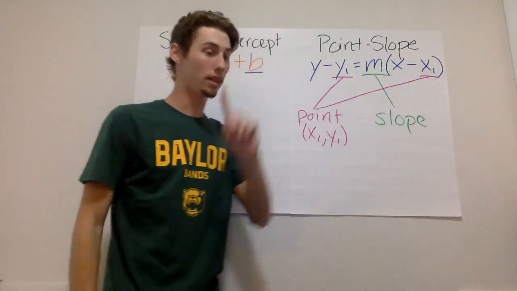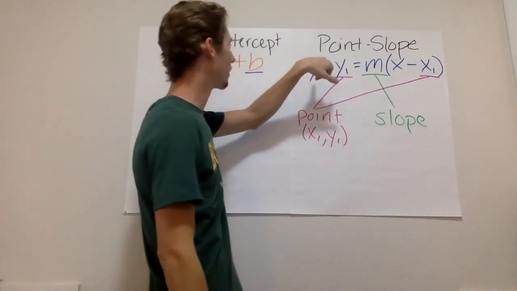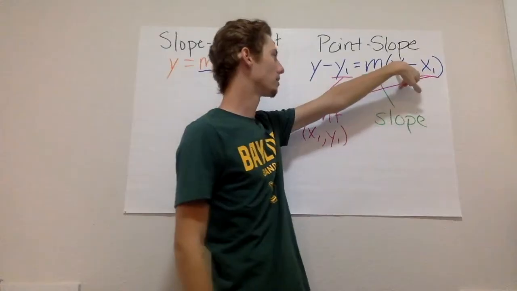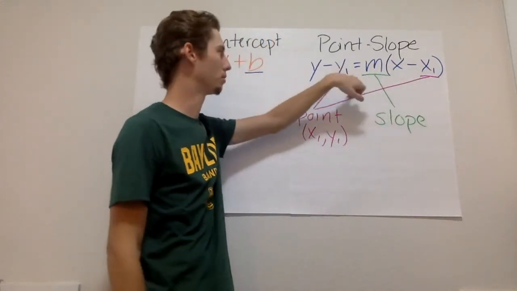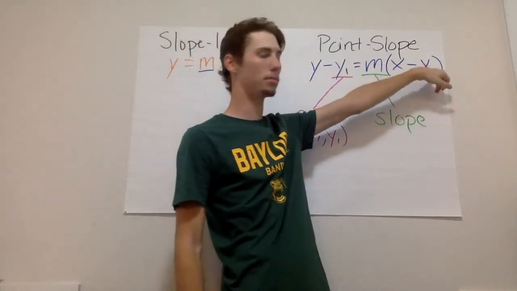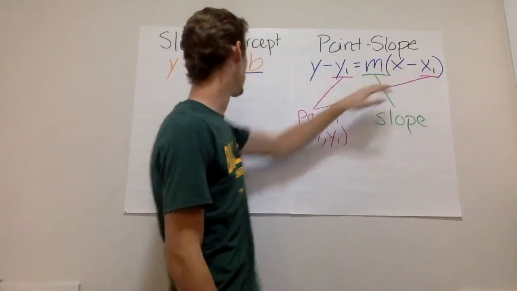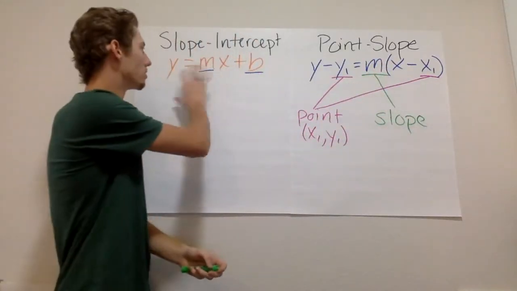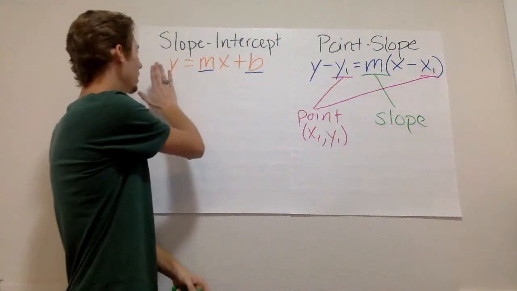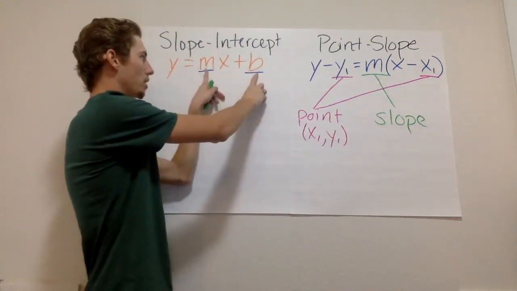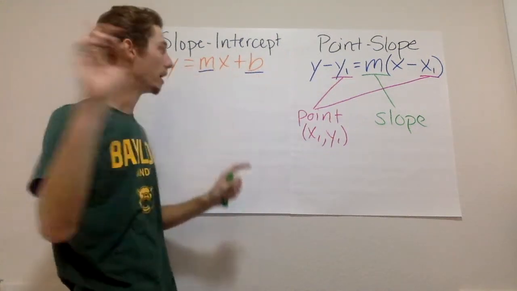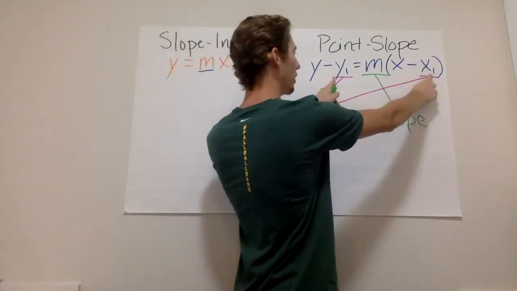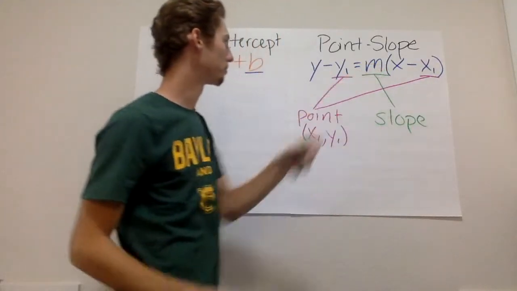The other thing that doesn't change is the fact that y and x, without the identifiers, without the little 1 subscript, don't change. So just like when we were writing equations in slope-intercept form, we leave the y and the x alone. We're just putting in the slope and the y-intercept. Now we're putting in a point and a slope.